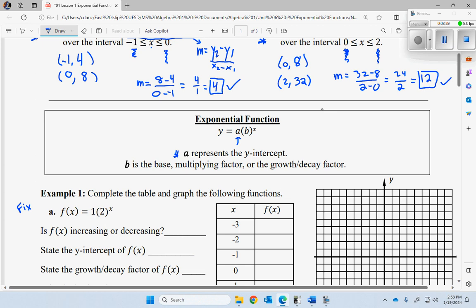That's my favorite thing to call it, a growth factor. It is a base. It is a multiplying factor because it's a number we multiply by, but it actually shows how quickly exponential functions grow. Sometimes we call it a decay factor because exponential functions can actually decay instead of grow. If a function grows, it's increasing, and if a function decays, it's decreasing.